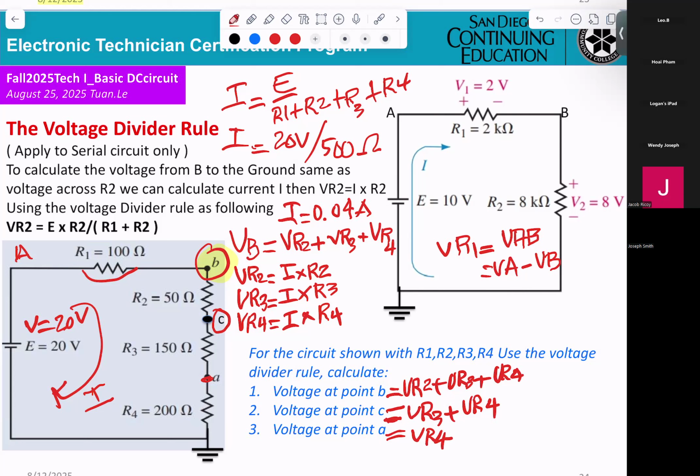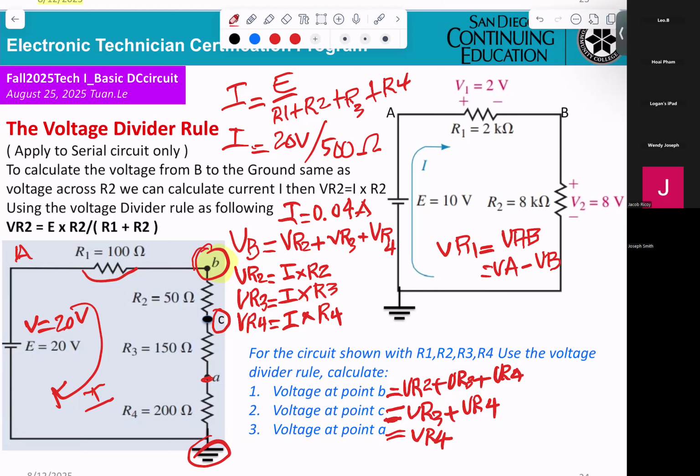If I give you a meter and I want VB, the high side of the meter connects to B. The low side must be connected to ground. You see that?